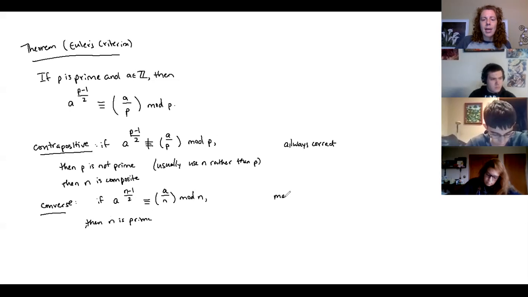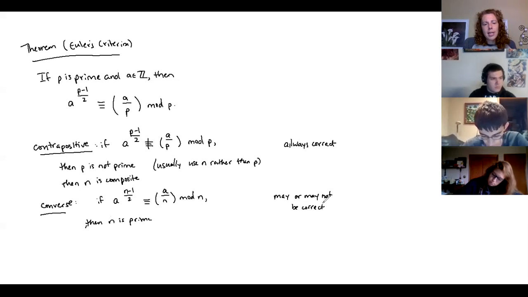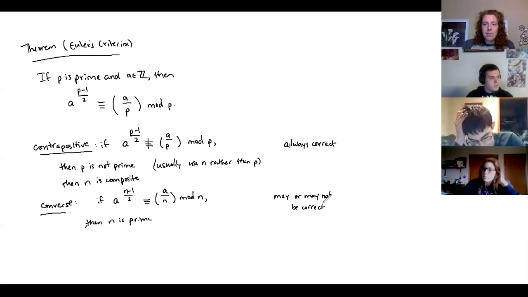So this may or may not be correct. So if you get A to the (N minus 1) over 2 congruent to the Jacobi symbol of A over N mod N, then N is prime. This may or may not be correct.